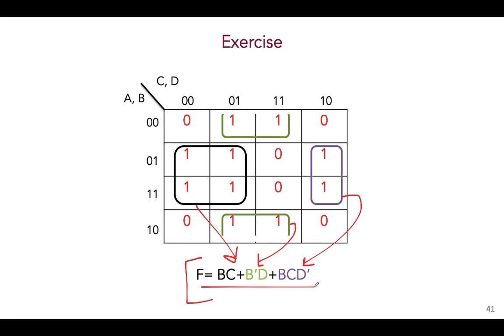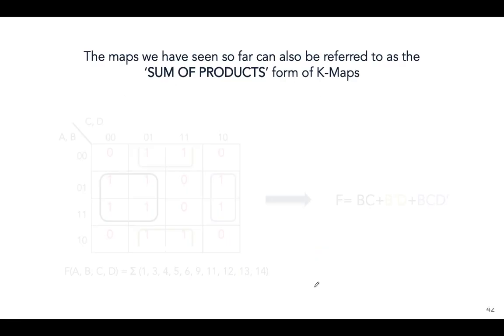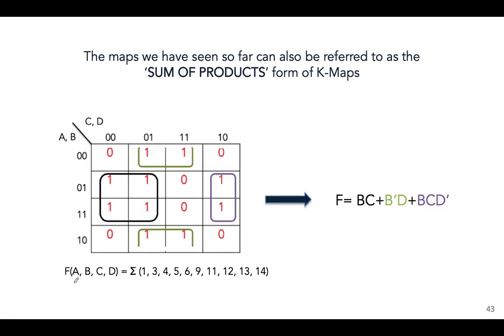Again, the expression with the fewest number of terms is the best possible solution, because that is in fact the simplest. All right, now the maps that we have seen so far can be referred to as sum of product form, SOP. Sum of products. Why? See, take an example. This is the exercise that we just solved, and this is the expression that we got after simplification.